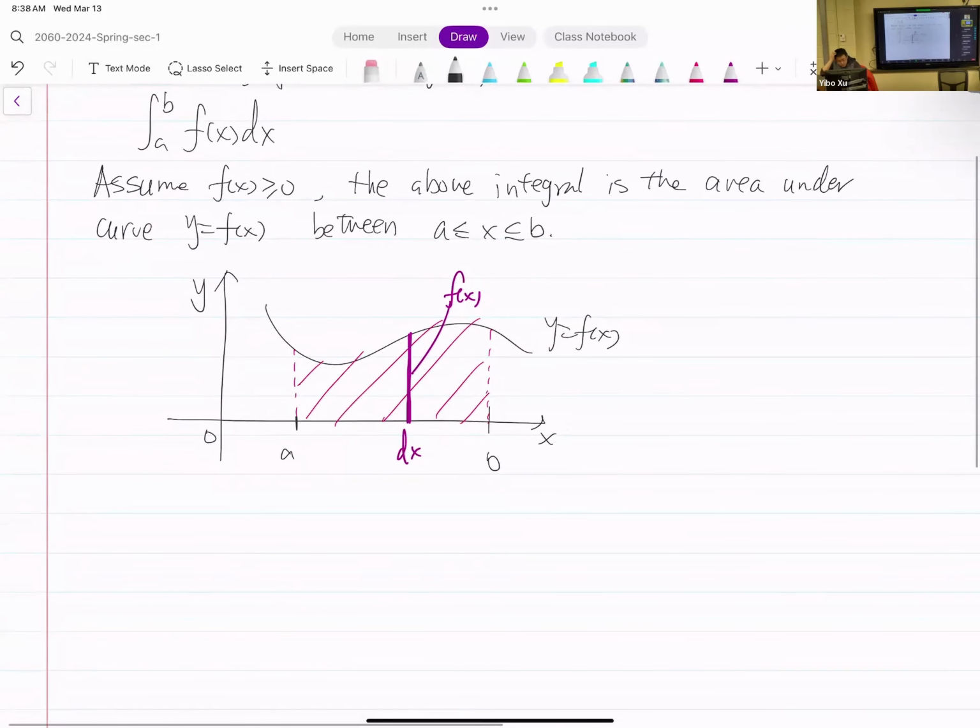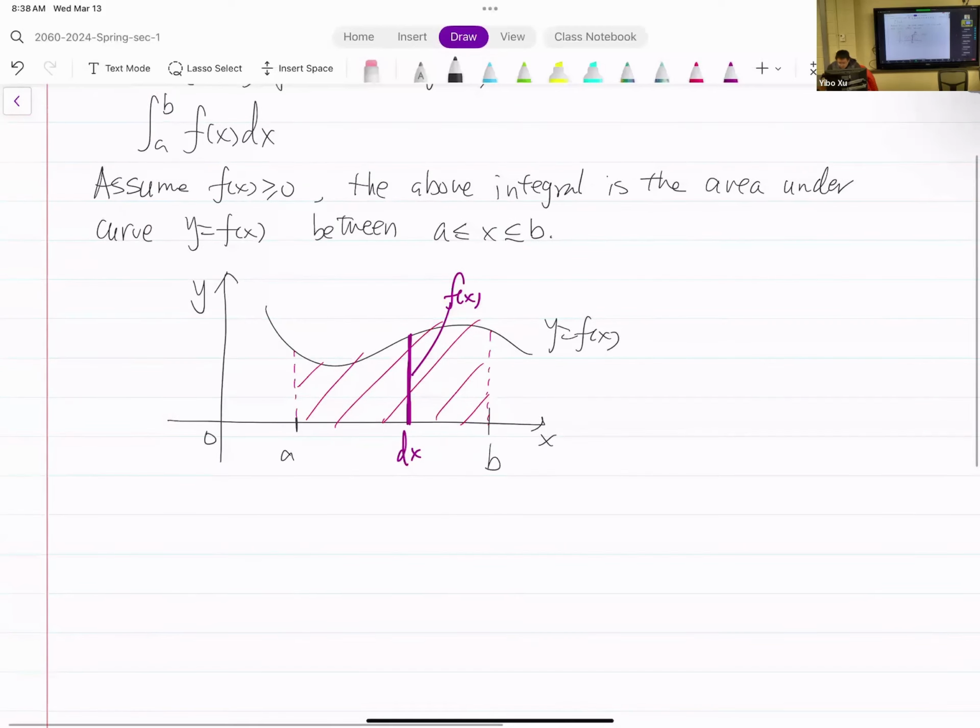So if you really subdivide this interval from A to B into pieces, then that's actually the Riemann sum definition, okay? So the geometric point of view, from the Riemann sum.